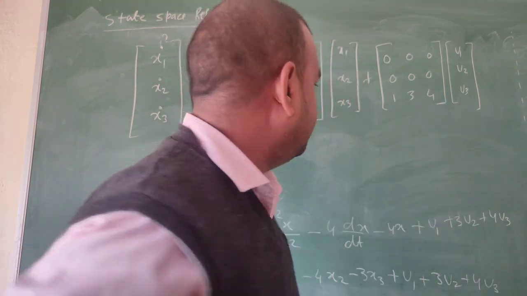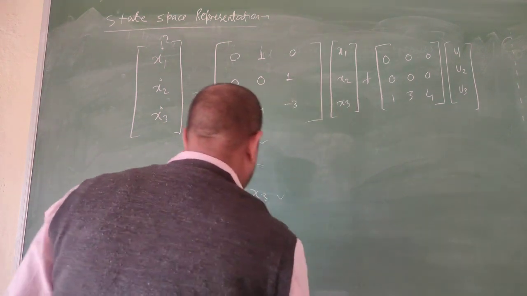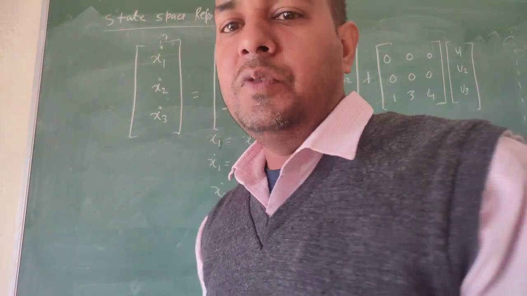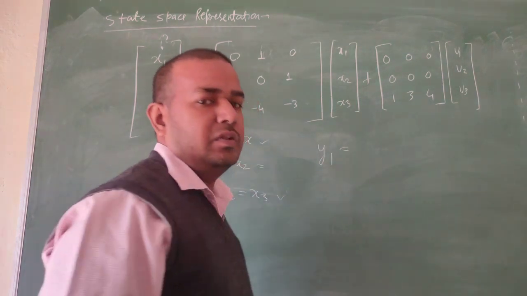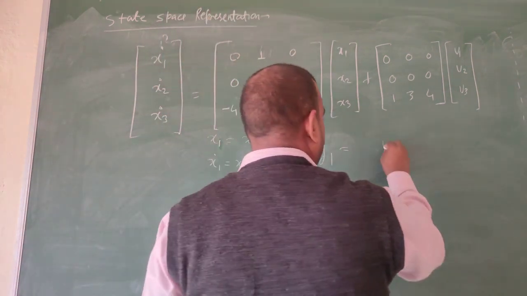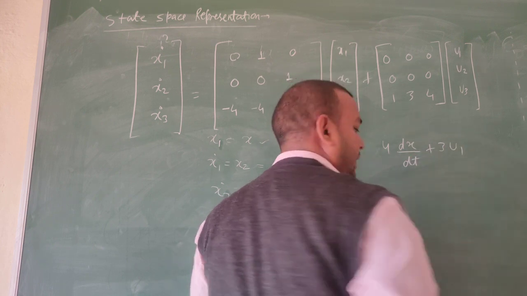Now we will move to the output equation. Our output equation was y1 equals 4 dx by dt plus 3 u1, right?